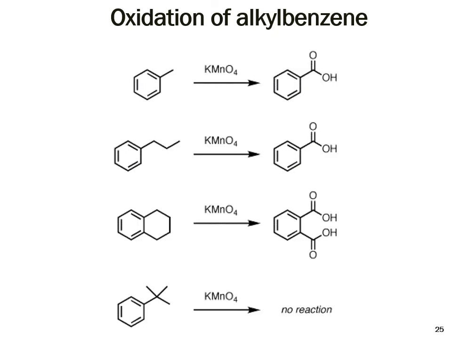So here are some examples where you can see this happening. Toluene, if you treat it with KMnO4, you will end up with benzoic acid. If you treat propylbenzene, you will still end up with benzoic acid on oxidation by potassium permanganate.